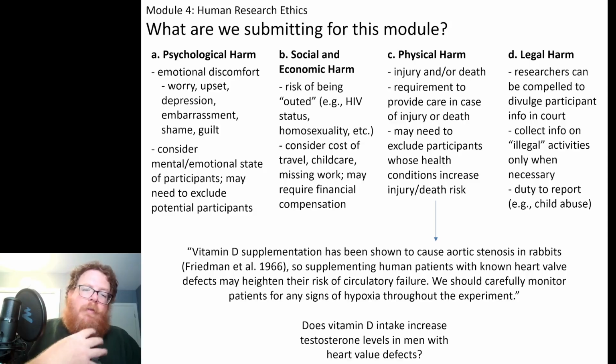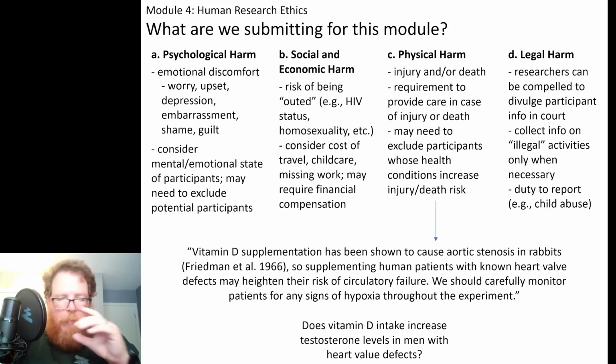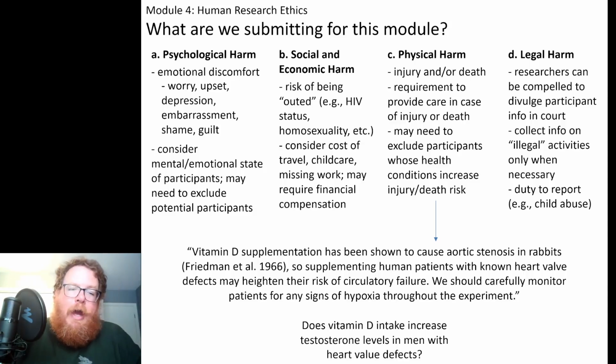And so if I'm giving vitamin D to people who have known heart conditions, this could actually exacerbate those known heart conditions, right? So again, the likelihood of these, I don't know how frequently. I have to go back to the Friedman study and see how many of the rabbits actually got aortic stenosis. Maybe it was 1 out of 10 rabbits. I don't remember. But I'd have to say, okay, I think my likelihood here of this happening is low. But if it does happen, it could be a medium or high magnitude. And sort of here's my research-based justification.